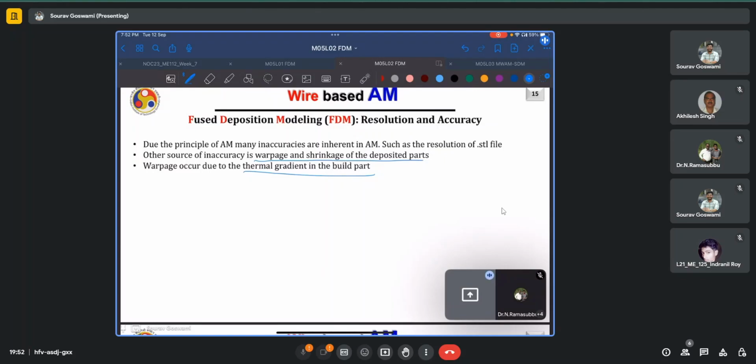So in the machine by Fractal Works, I am aware that the build plate is heated to a temperature of 60 degrees Celsius, and the deposition for a material like PLA, polylactic acid, occurs at a temperature of 240 degrees Celsius. So this combination has been seen to result in good adhesion between the substrate and the deposited part.